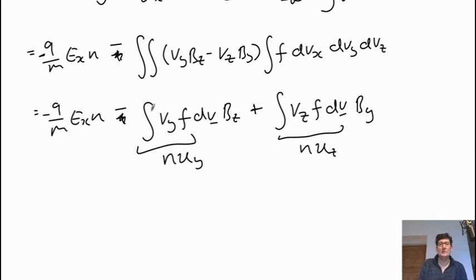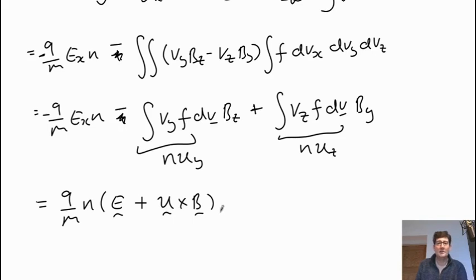So this whole thing is just uy, the fluid velocity, cross Bz, and this is uz cross By, and so this whole thing is just q over m times the fluid velocity crossed with the magnetic field. Here I'm just looking at the x component of this force, and the whole thing picks up a minus sign from this partial integration.